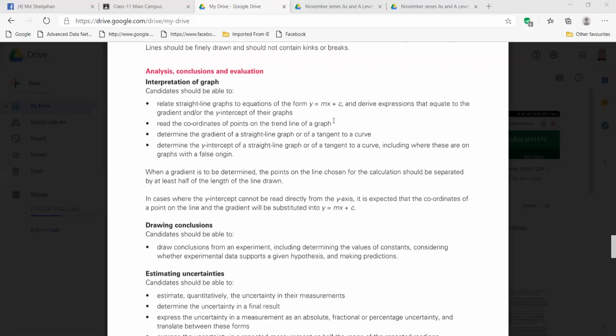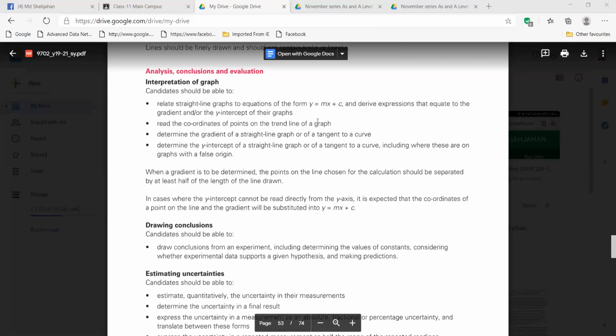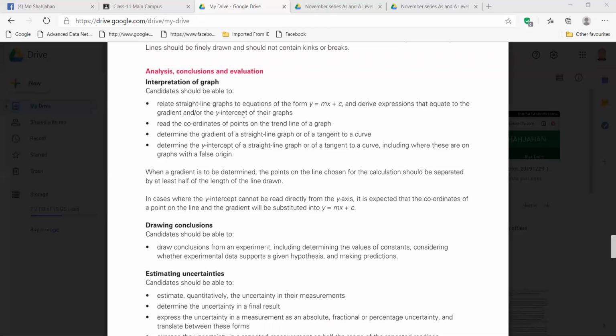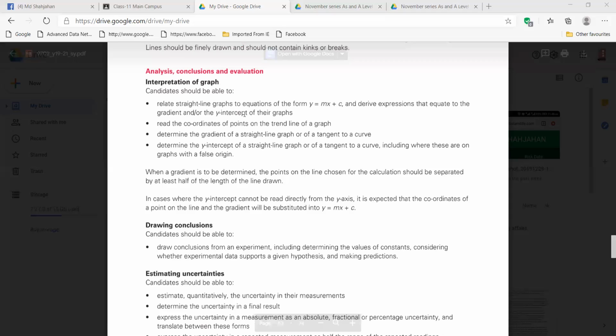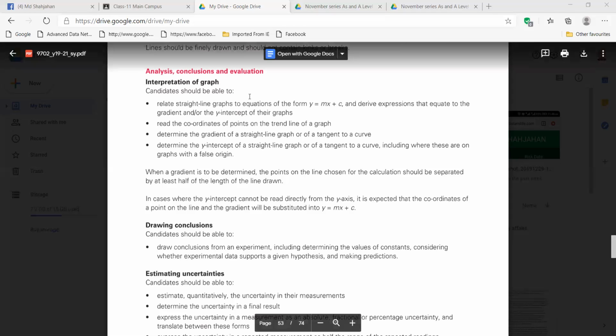Y-intercept. What does it mean? C is constant. Sir, C is constant. Yeah, y-intercept means what? That cross the y-axis or meet the y-axis. Yeah, y-intercept means the point where the straight line is cutting or crossing the y-axis.